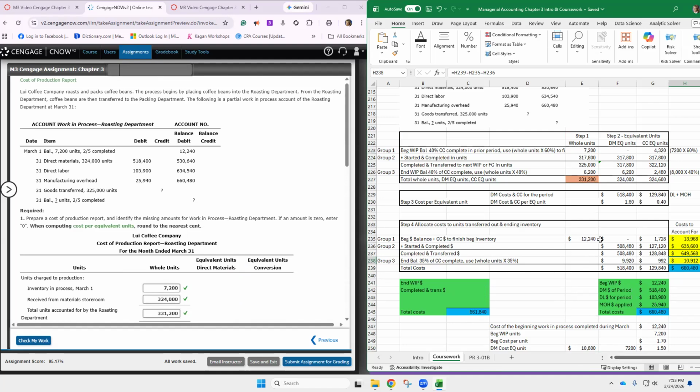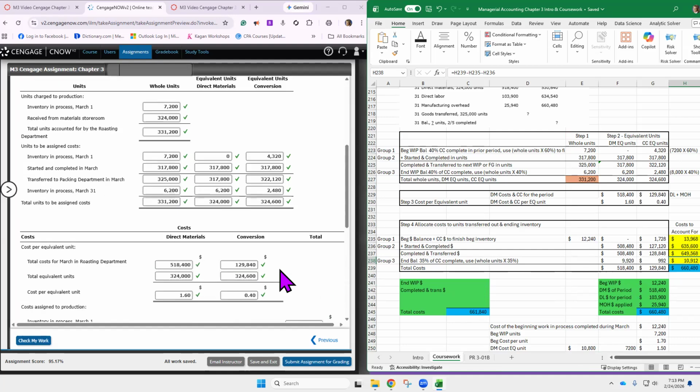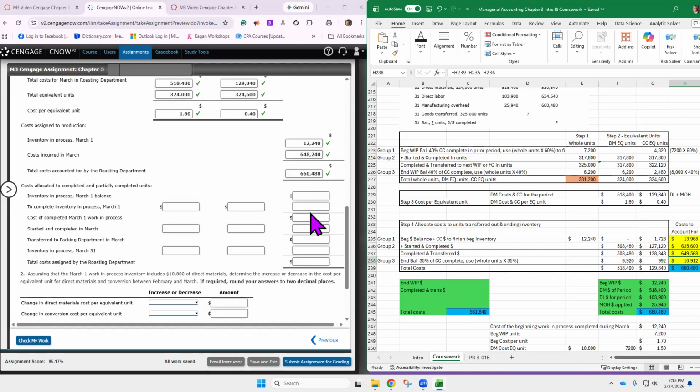So our group one, the first thing we're going to do is complete inventory in process. So 12,240, you just repeat it. Do we have to add anything to beginning inventory for direct materials? The answer is no, we don't.